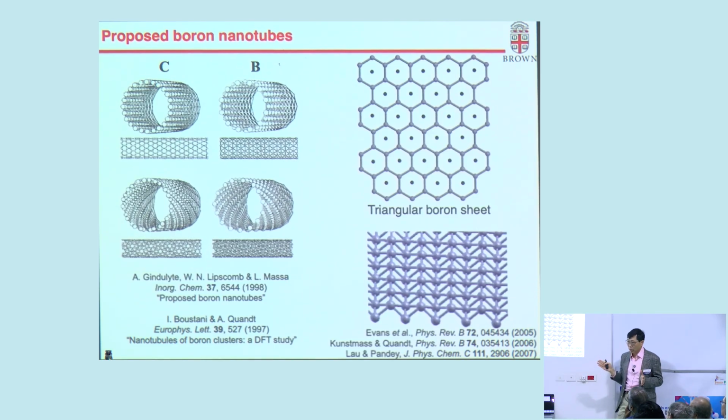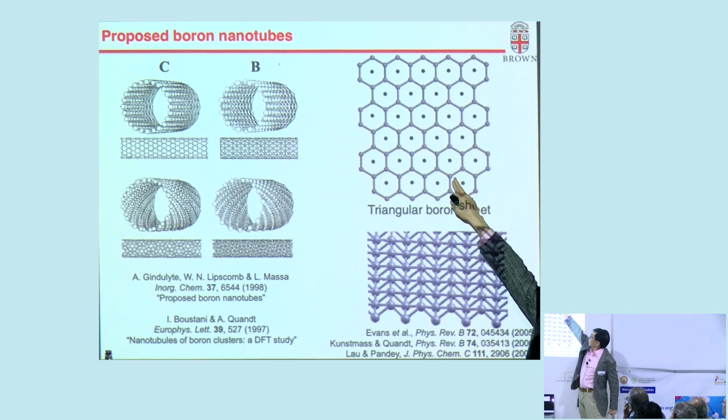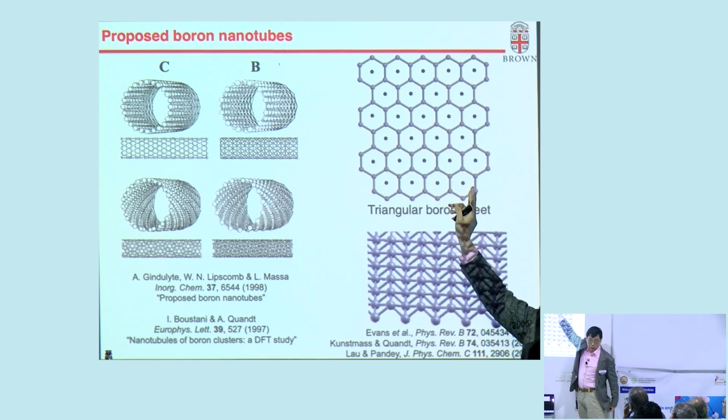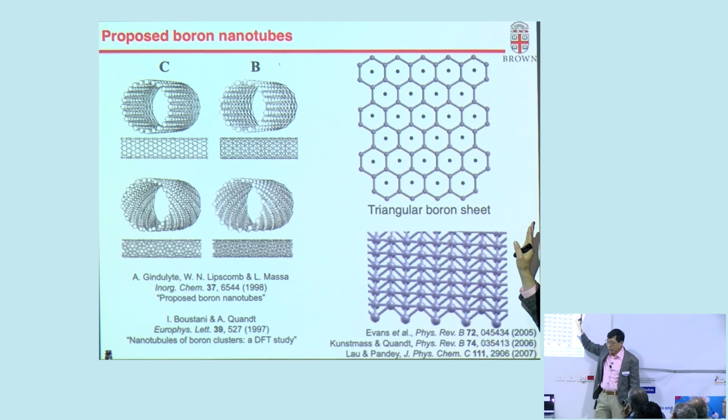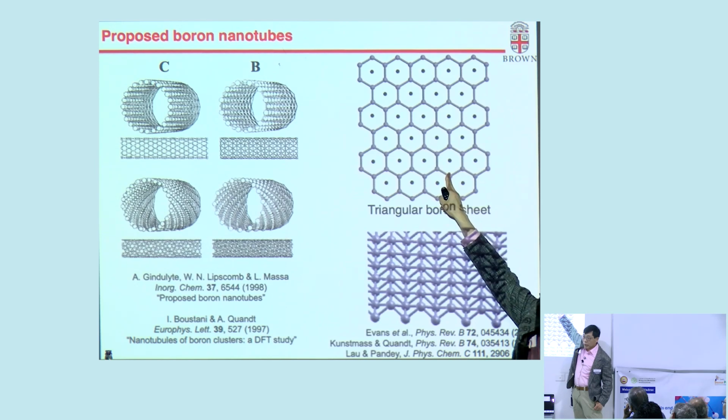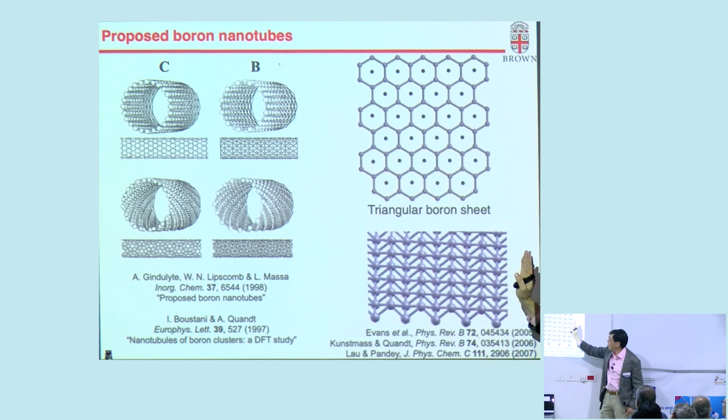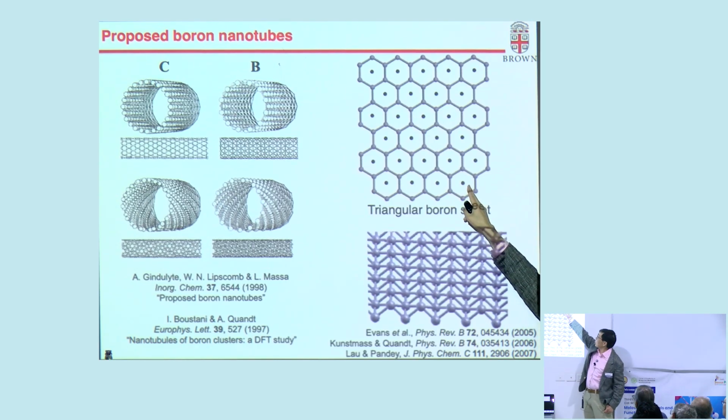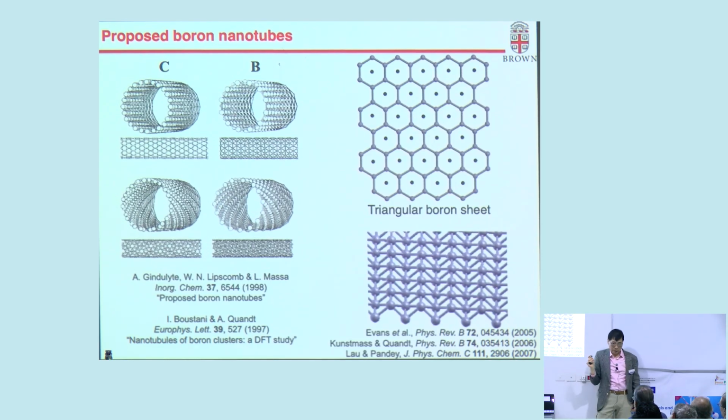Because boron is electron deficient, if you form a hexagonal lattice with boron, you can form sigma bonds, but then the pz orbital is empty, so it's not stable. In graphite or in carbon, you have a pz orbital that can form a pi bond with the nearby carbon. On average in graphite, in graphene, you have two pi electrons per hexagon.